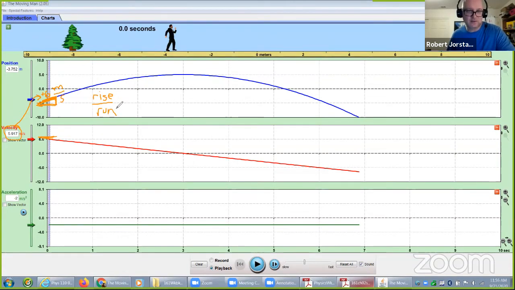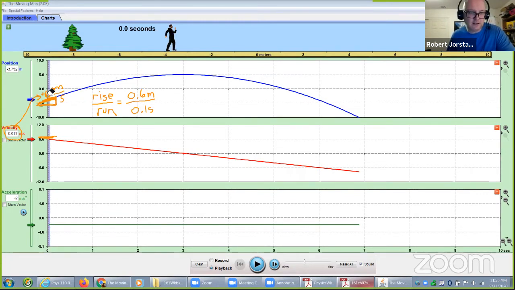We could try to zoom in, but I'm just going to fake it here. So let's say the run is 0.1 seconds. The rise in this case might be 0.6 meters. I'm just eyeballing that.